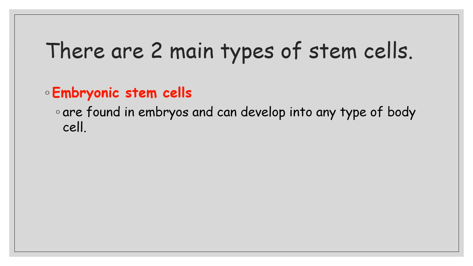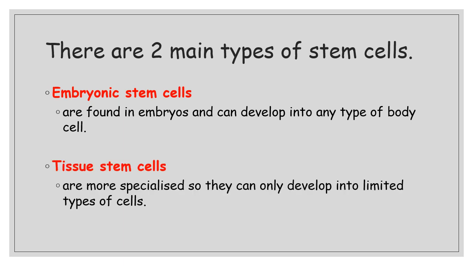No specialisation in there yet, so purely a large ball of cells, and that's where we get our embryonic stem cells. A second type is tissue stem cells, and they can be found in all grown adults and children. So we have specialisation within our bodies, within our organs, and there are specialised stem cells in there that can develop into a limited number of types of cells.